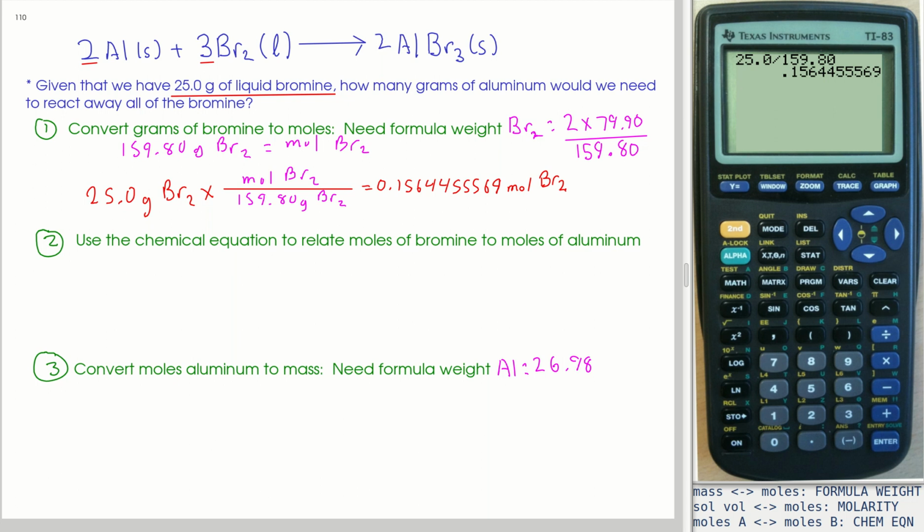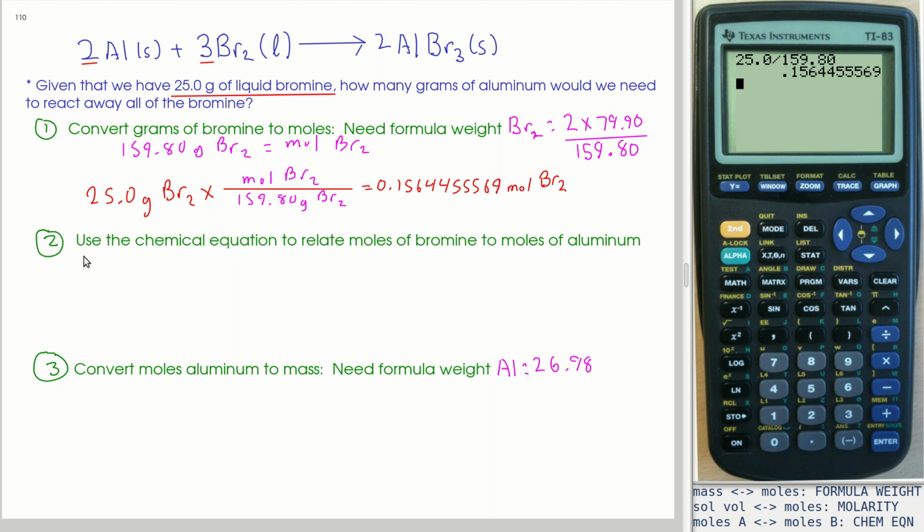So we've converted between grams and moles. Now, in case you're wondering about the rounding, I've not rounded this number yet, mainly because I would like to leave the number in the unrounded form in my calculator, because I'm going to use this number as part of the next step.